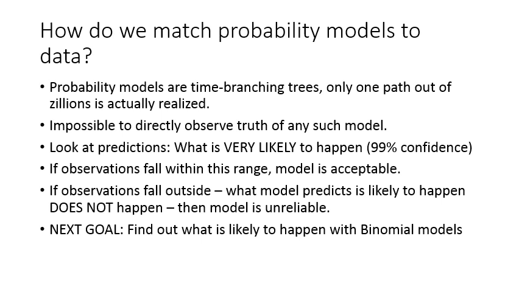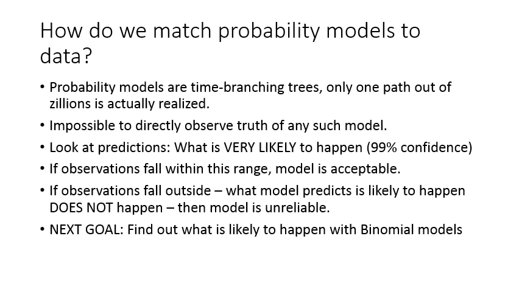So we won't know whether they could have happened and what probabilities they would have had. The match is only for some very small number of observable outcomes. It is impossible to directly observe the truth of such models.